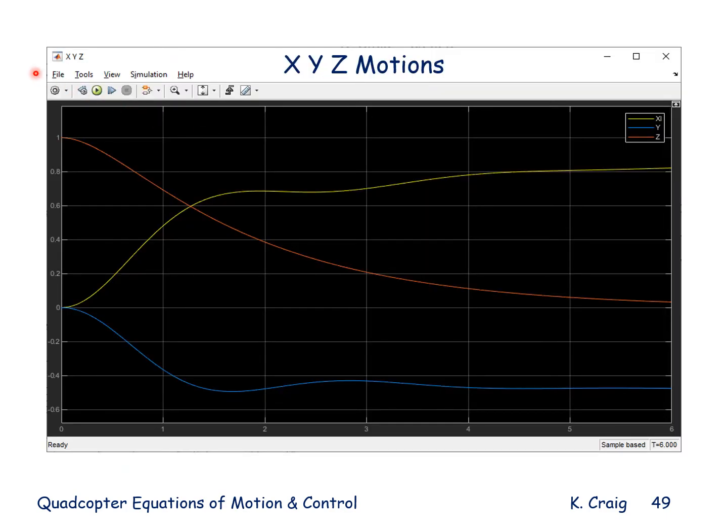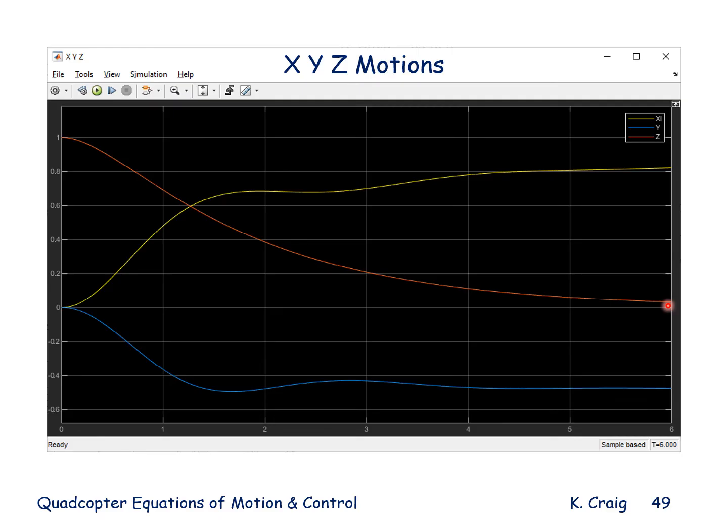The results of the simulation are shown in the following three graphs. Here we plot the motion of the center of mass of the quadcopter in the X, Y, and Z directions. Only the Z motion is under proportional derivative control. It starts at 1 and over a period of 6 seconds approaches ground, which is 0, which is what it's commanded to do.